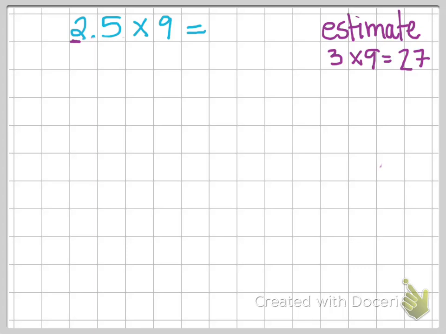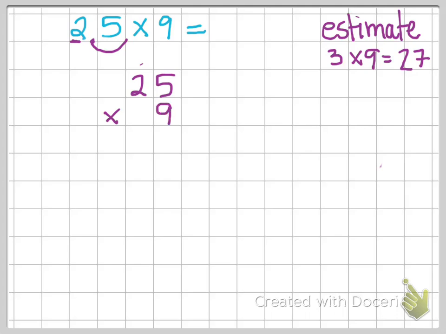So, what does this look like? Just like this. Here's our decimal point. Let's take it out. So instead of 2.5 now, it's 25.